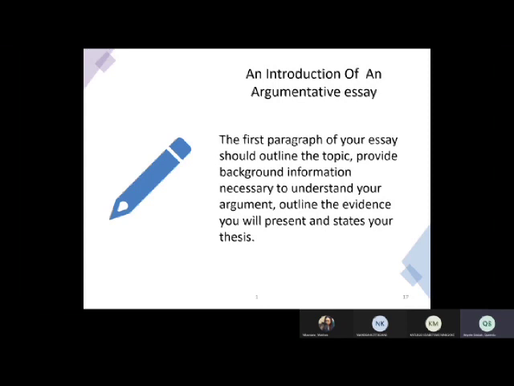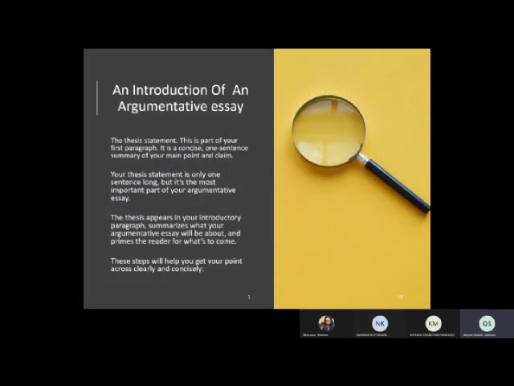So the first paragraph of your essay should outline the topic and provide background information necessary to understand your argument. So you introduce the topic, provide any definitions or background information, outline the evidence you present, then state your thesis. The thesis statement is part of your first paragraph. It is concise.